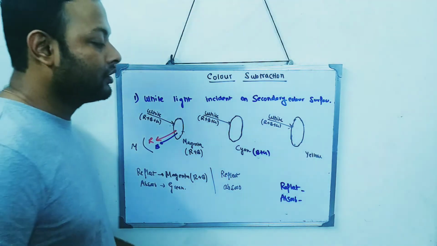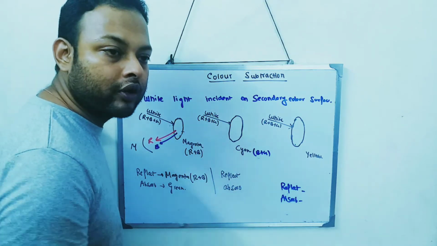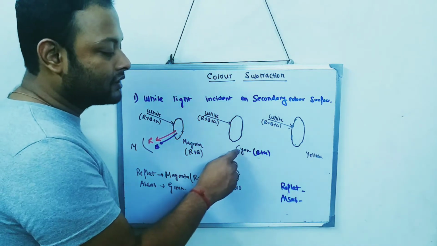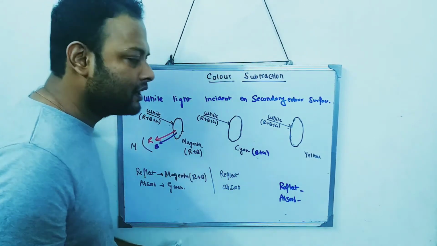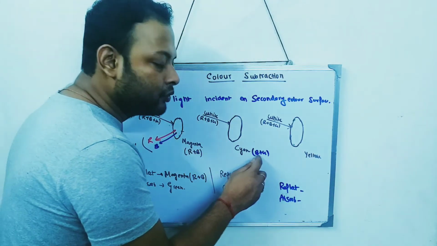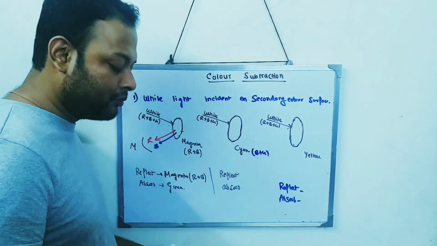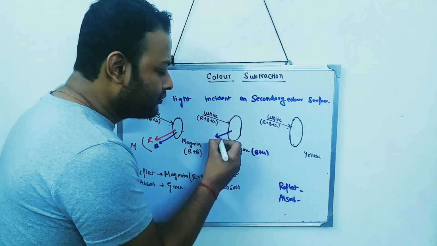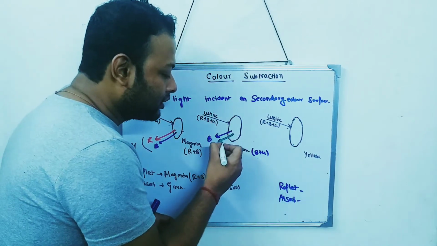Then what will happen? The surface will only reflect that color or the components of that color. So the surface says, I am cyan. Means what? The surface is blue plus green. That is why it will only reflect the blue and green part. So the blue part will get reflected, followed by the green part.